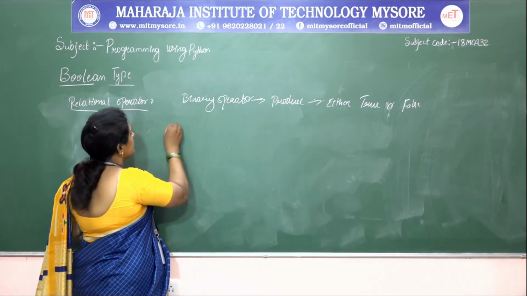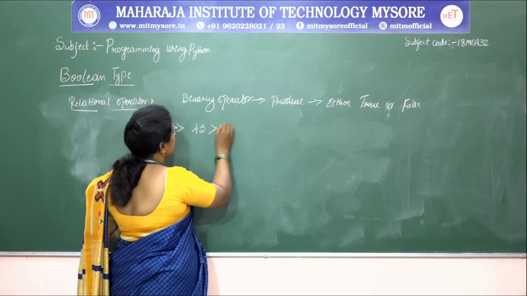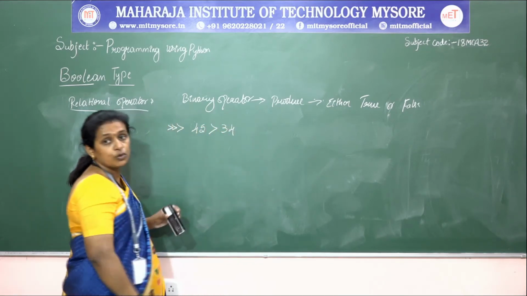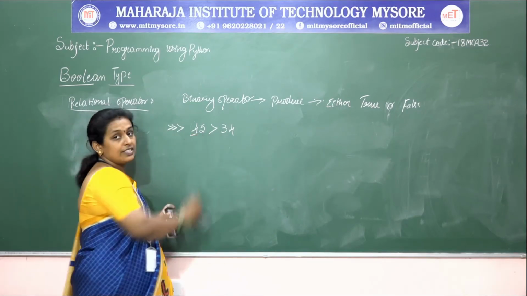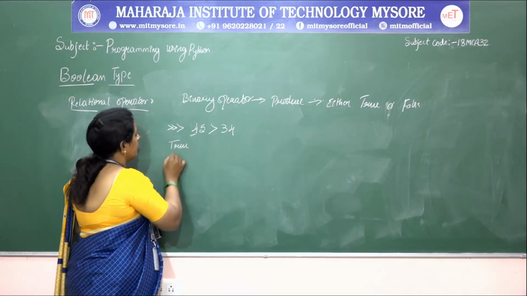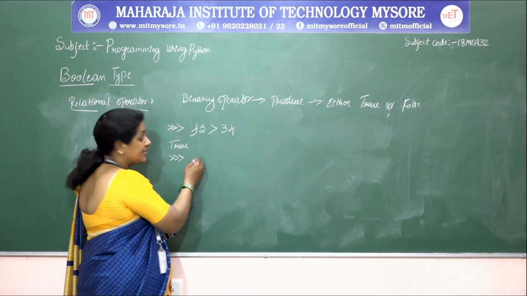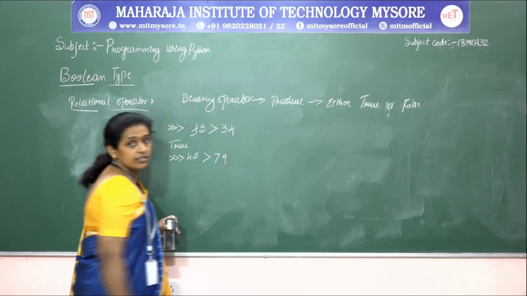Let's go with examples. 45 is greater than 34. Yes, it is true, because 45 is greater than 34, so we get the output as true. Next example: 45 is greater than 79?